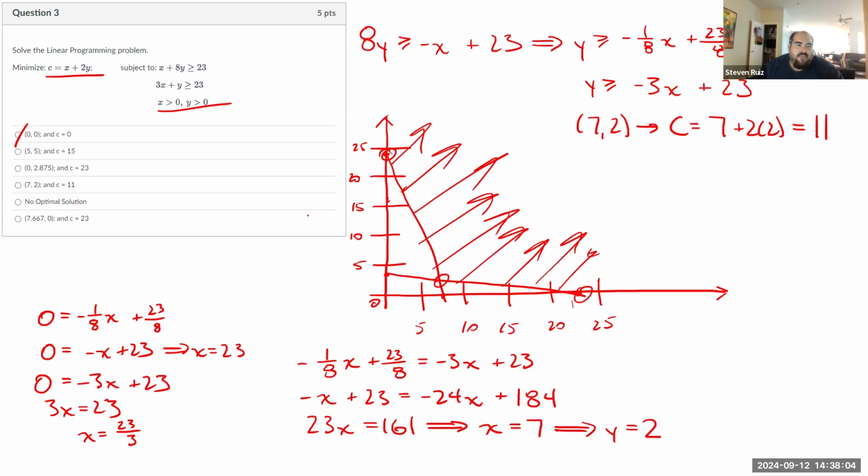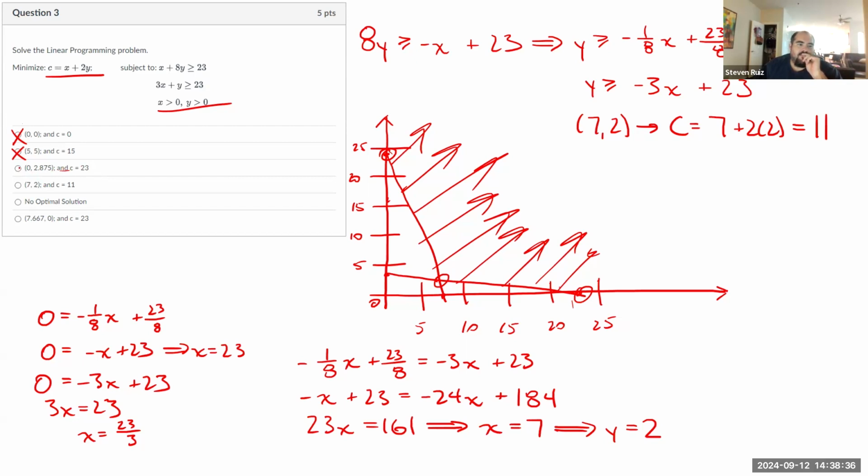But also, I don't think it matters because their value of C is 15. So let's confirm that. X is 5, 2, yeah, I'm going to throw that one out too, because I have C is equal to 11. So any C value that's bigger than that is no good because I'm trying to minimize. So right now, think about 11 as the lowest that I know about. Anything that's bigger than that is not worth looking at.